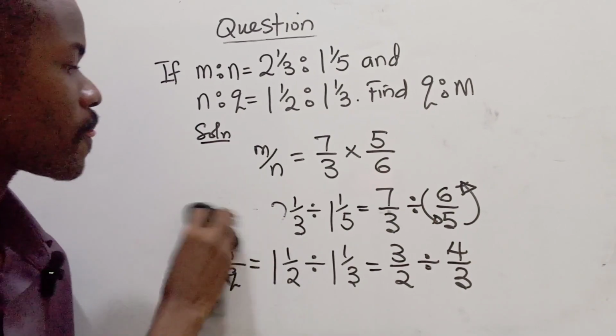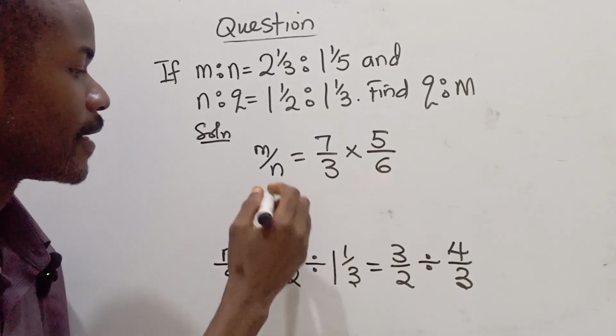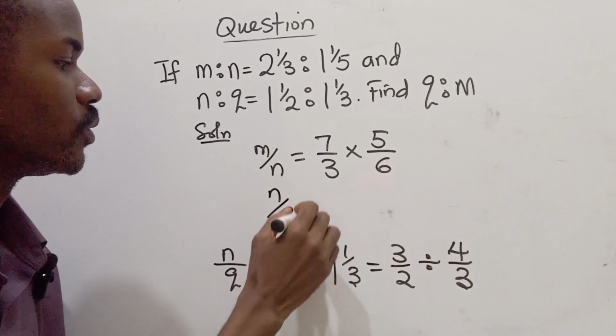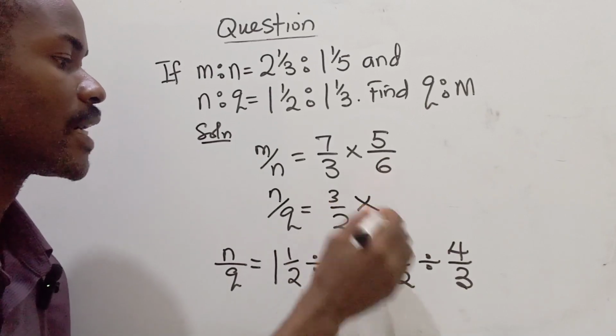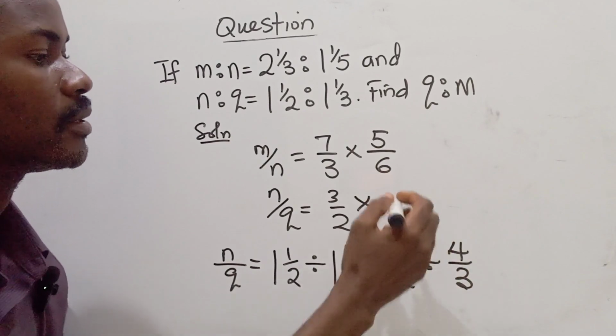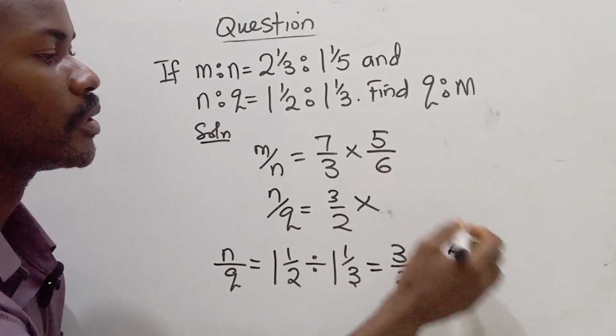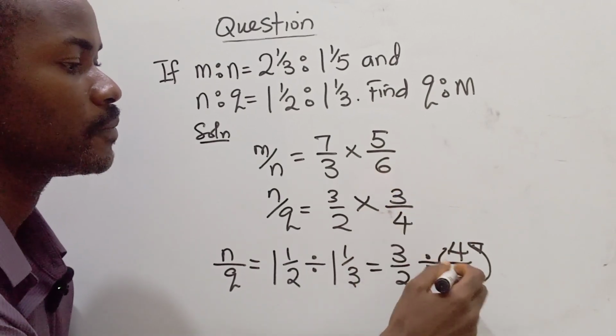So we have 3 over 2 times, this is going to change to times, and we quickly rotate this. So this will go up, so we have 3 over, this will come down, so 4.